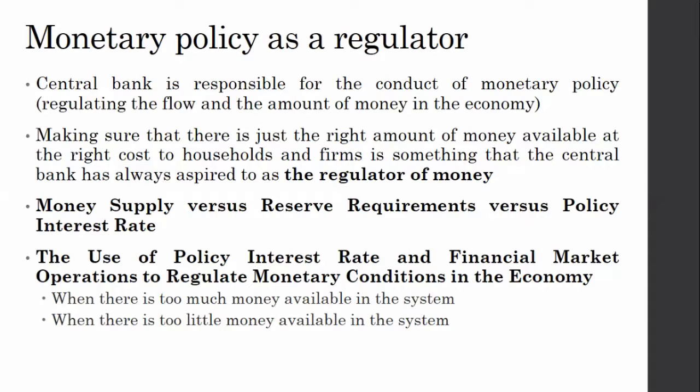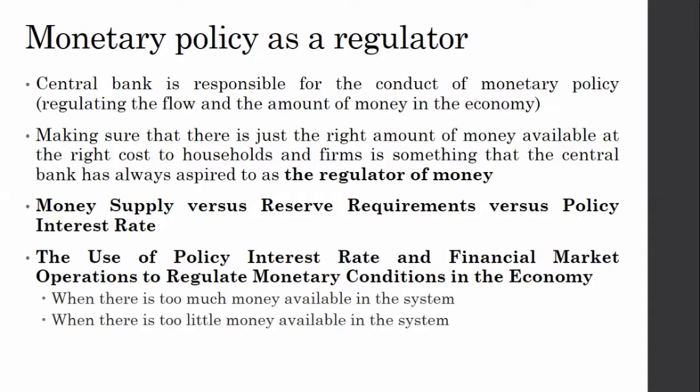Then later came the policy interest rate. That is the instrument that the central bank normally uses to control the money. So as the regulator of money, if we compare the reserve requirement and the policy interest rate, the policy interest rate is the most ideal tool to control the money.